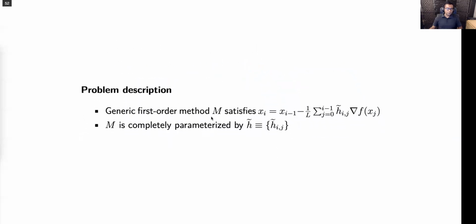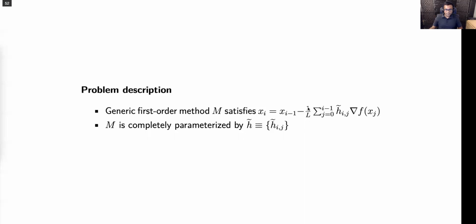Okay, so what is going to be our generic first order method M, the so-called fixed step first order method? We will write it in this format: x_i equals x_{i-1} minus 1 over L, which is the smoothness parameter, times the sum of all the previous gradients at the previous iterates, with h_ij tilde being our step sizes.